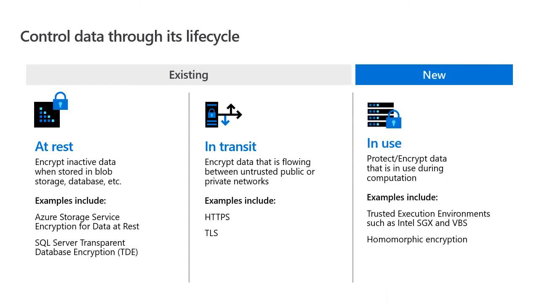And the new thing that we have incorporated in a number of our Azure services is encrypting data while it is being used. This would include trusted execution environments, such as specialized hardware like Intel SGX and VBS, and also using homomorphic encryption.